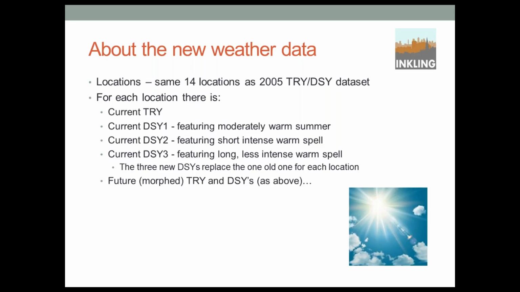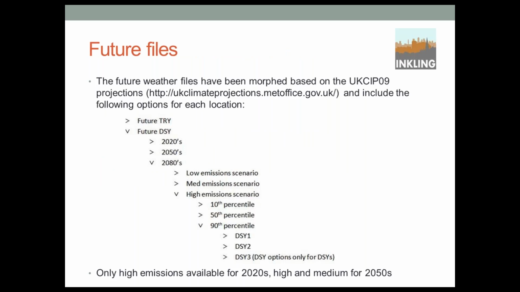The whole different set is the future files, which again Dane's just talked about, which are the morphed set, where all of those files just mentioned are pushed into the future using the UK CIP09 projections. And we'll cover those next, because in terms of the future files, for each location, for each of the DSY files, we push ourselves into the 2020s, 2050s, and the 2080s.